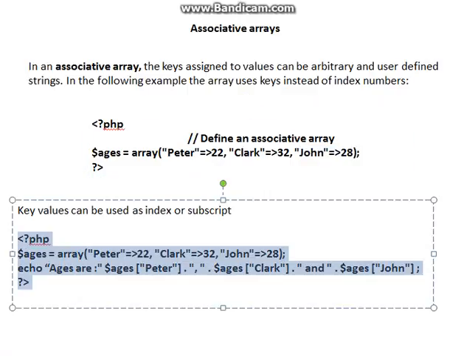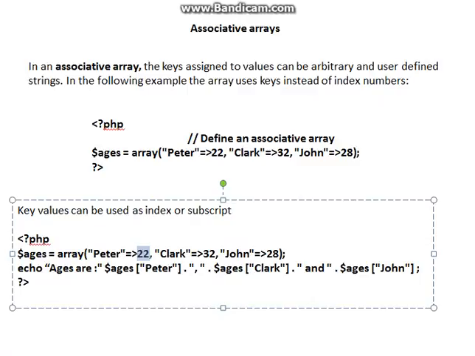We have created the array ages, and if you want to refer to 22, we have to write ages of Peter, because the corresponding key of 22 is Peter. If the key is not available, there is no way to access the value 22. We compulsorily need the key of that particular value.